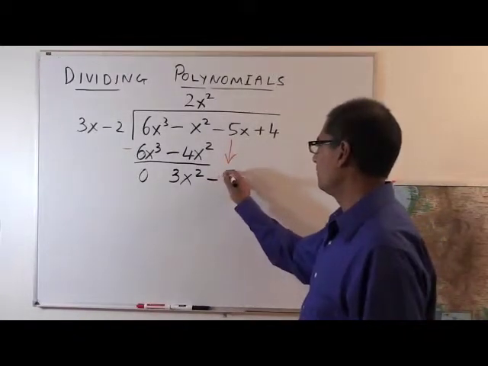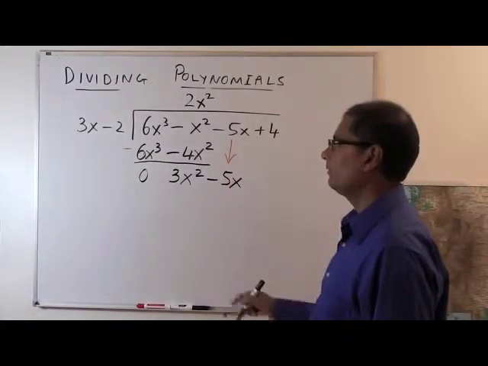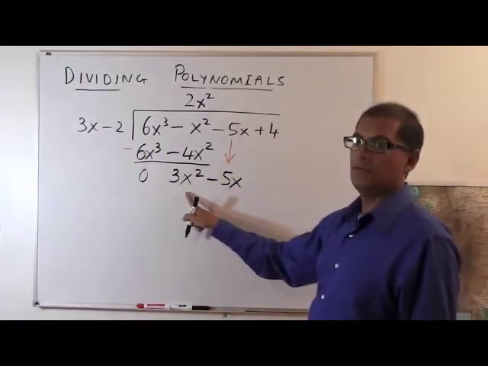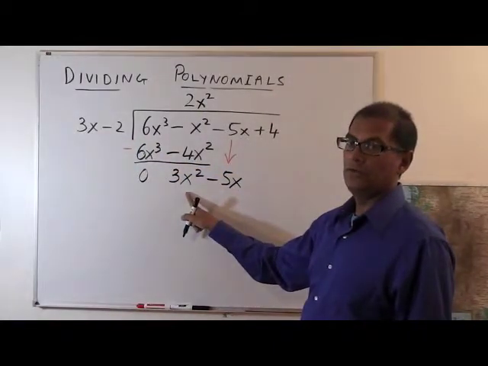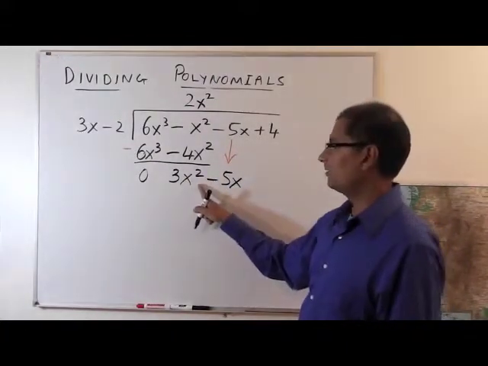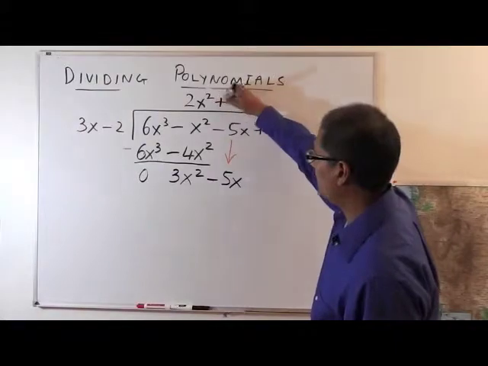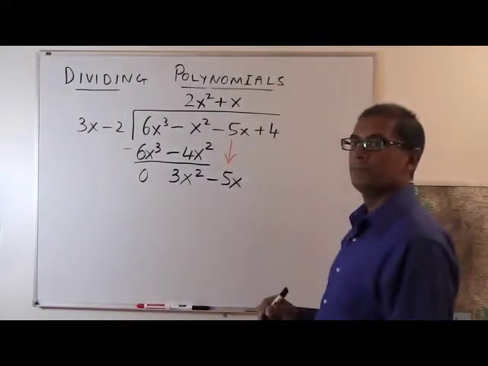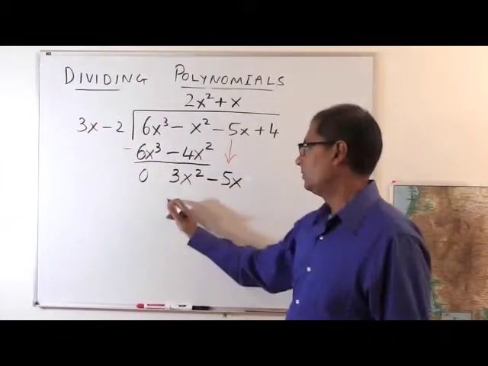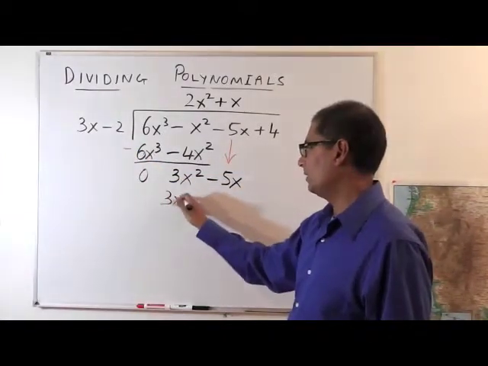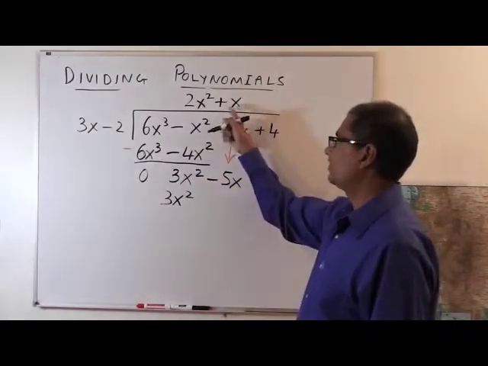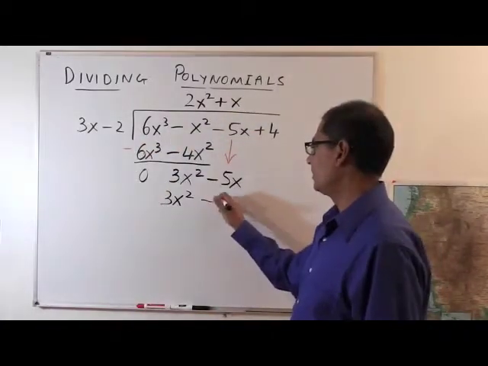And now we see 3x, how many times does that go into 3x squared? Well, x goes into x squared x times. So we'll have a plus x here. Multiply this plus x by the 3x to get 3x squared. It should always be the same term in front. Then x times negative 2 gives me minus 2x.